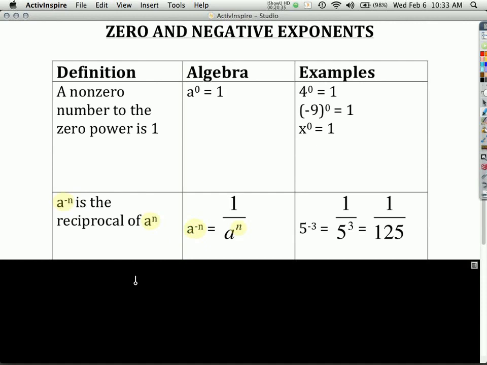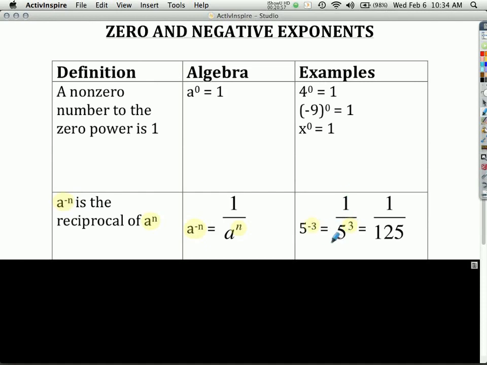Right now, your brain is resistant to the idea. Your brain is saying, I don't like that. That doesn't make any sense. But I'm going to show you in a little while why it makes sense. So, 5 to the negative third power really means 1 over 5 to the third power.